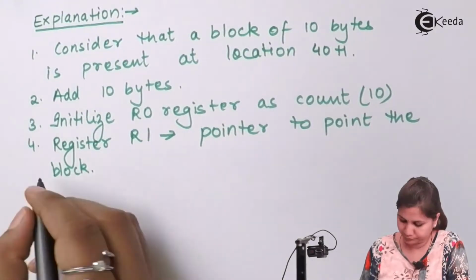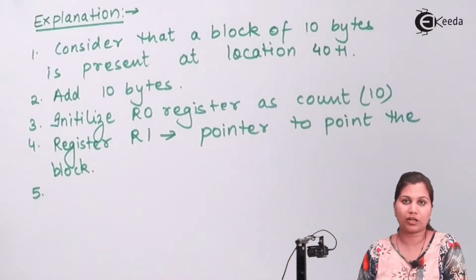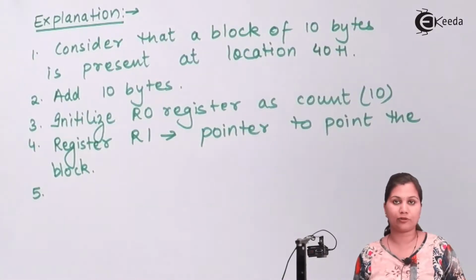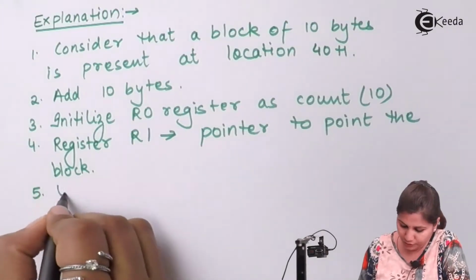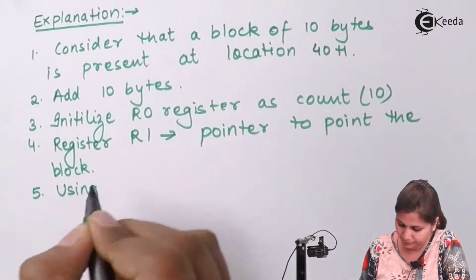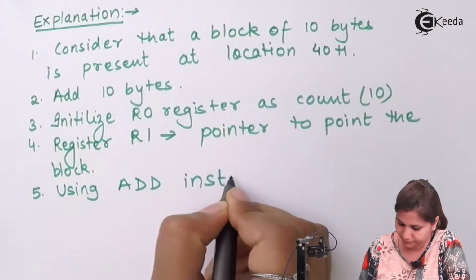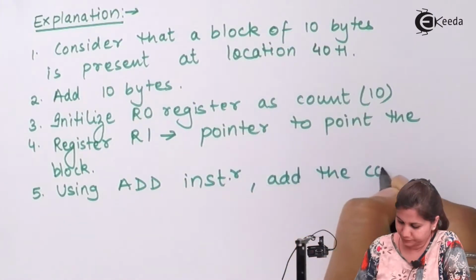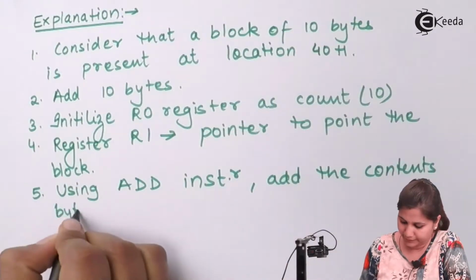Next is how we will add the numbers. We have to use some instruction. So for addition of two numbers, in the 8051 microcontroller we have an instruction ADD. So using the ADD instruction, add the contents byte by byte.